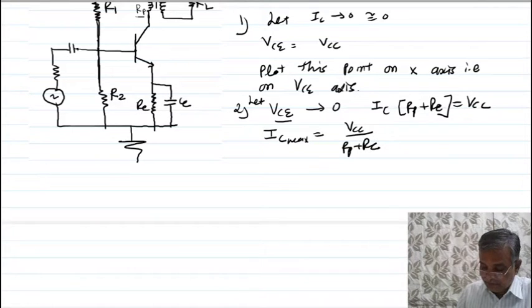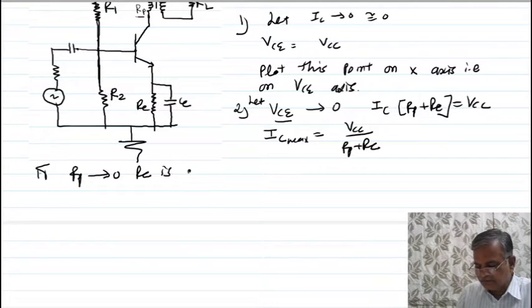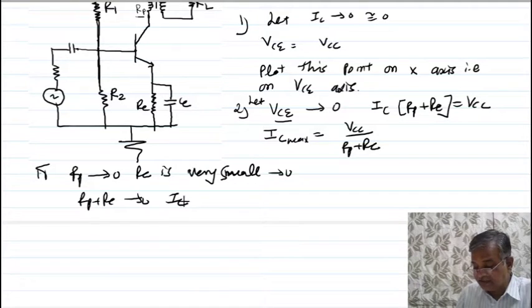If Rp tends to 0 and RE is very small, that is Rp plus RE tends to 0, then IC maximum tends to infinite, or very large.